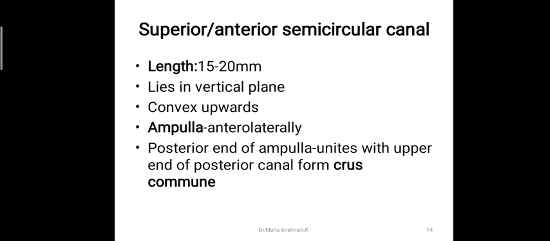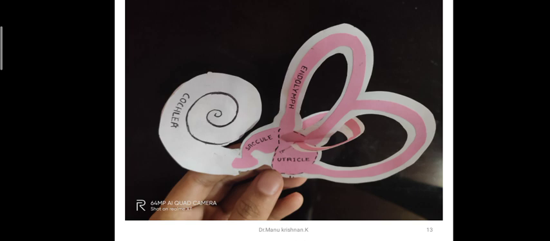Now each semicircular canal in detail. The superior or anterior semicircular canal is 15 to 20 millimeter in length, and it lies in a vertical plane. It projects convex upwards, and the ampulla is facing anterolaterally. The posterior end of the ampulla unites with the upper end of the posterior canal to form the crus commune. So here you can revise it.